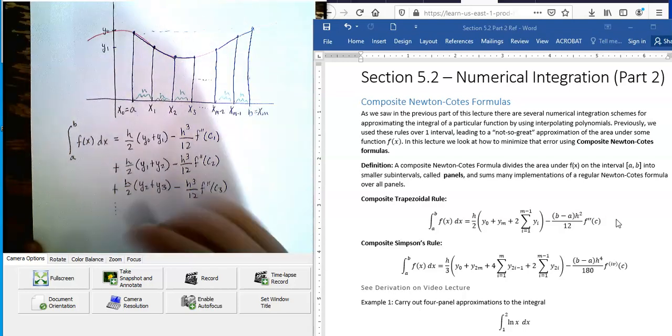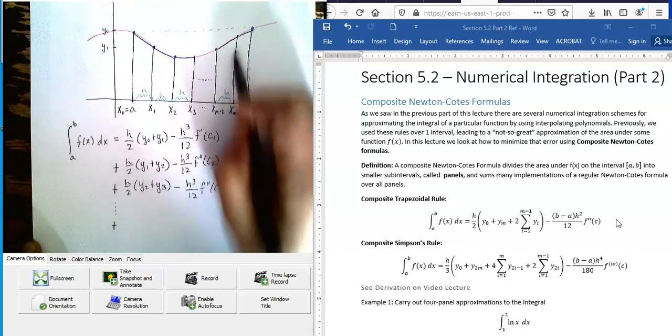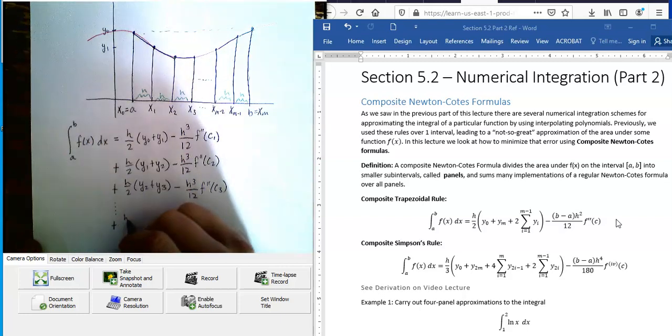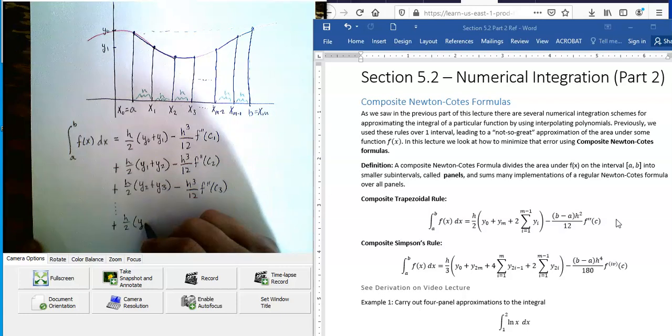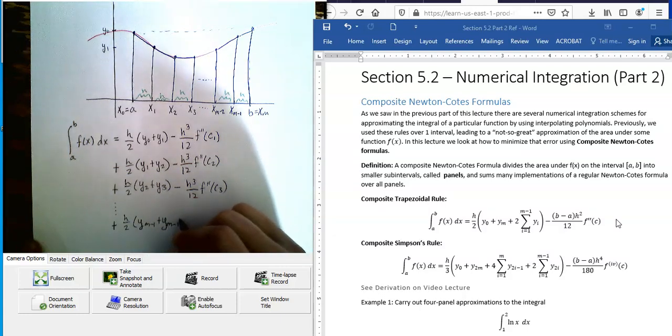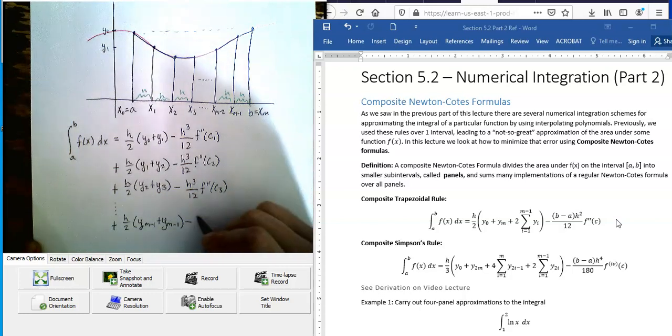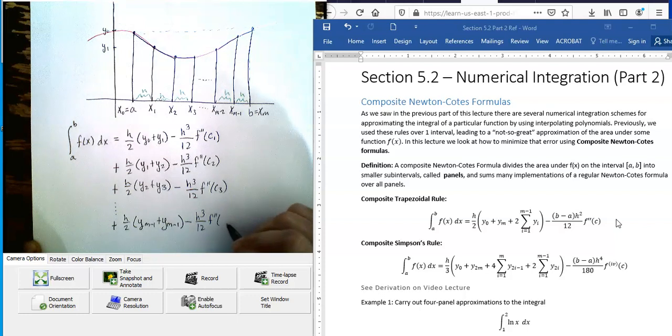And the last two panels, so let's look at those. This last panel here would be h over 2 times y at m minus 2 plus y at m minus 1 minus the error at, let's say, c m minus 1.